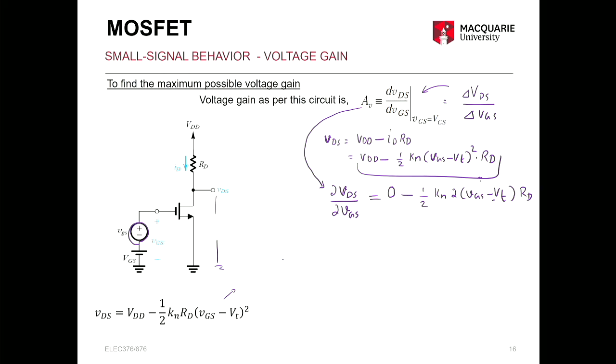So that's from d by dx of x square is equal to 2x. So that's what we used there. So voltage gain maximum is equal to negative Kn VOV RD.